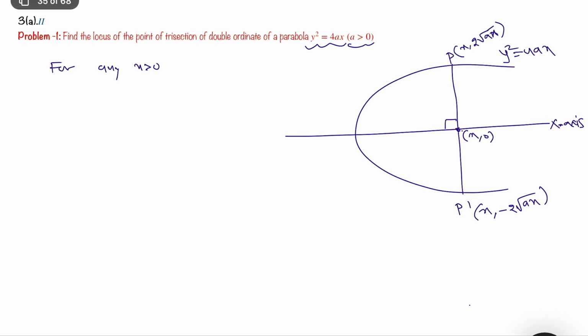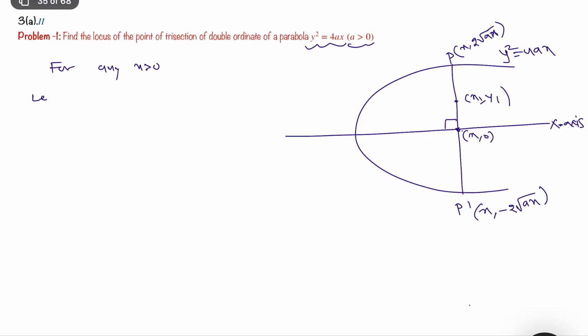Now we are looking for the locus of the point of trisection of the double ordinate. We are looking for a point, say (x1, y1), which divides PP dash in 1:2 ratio.